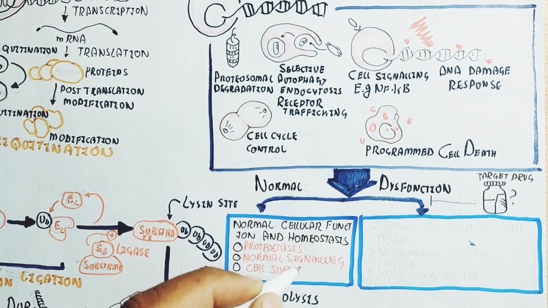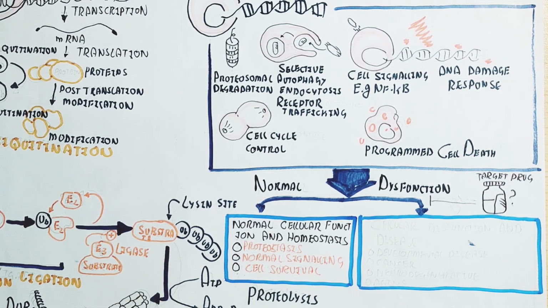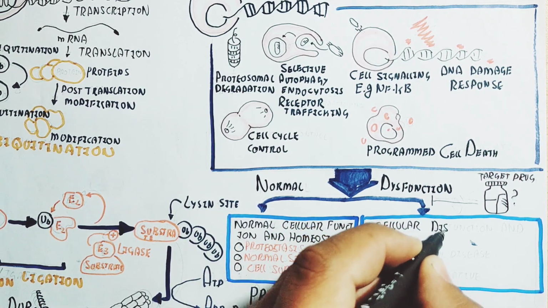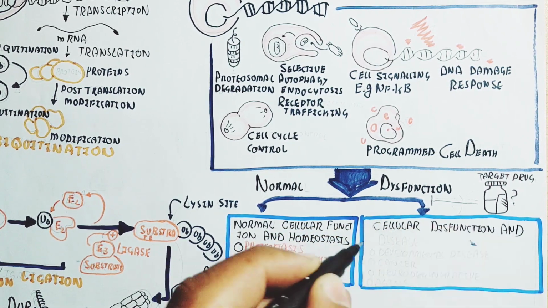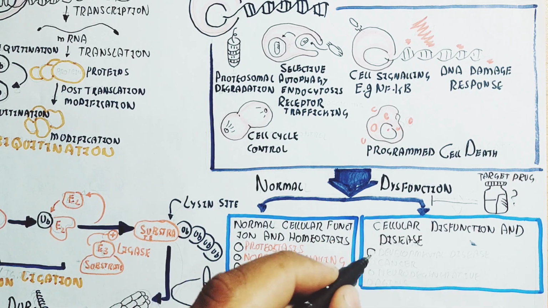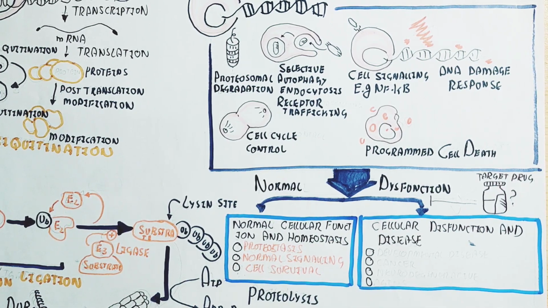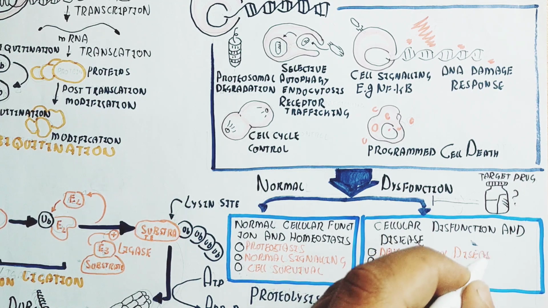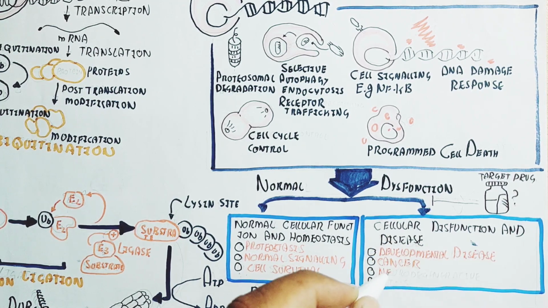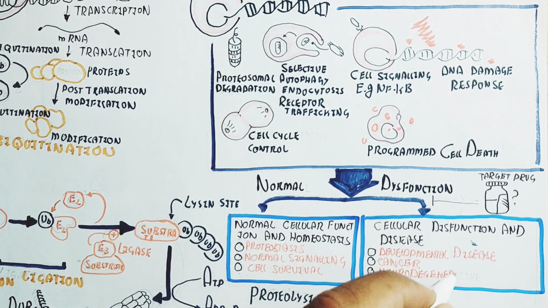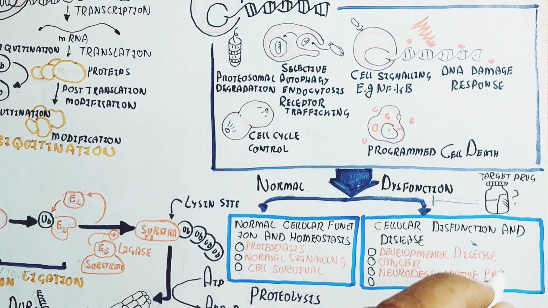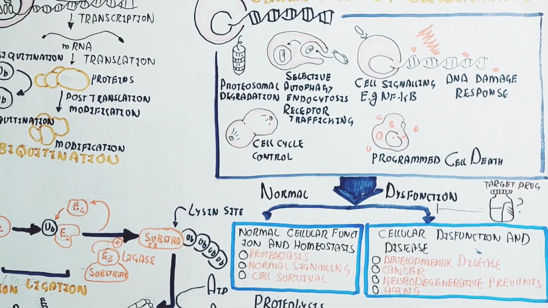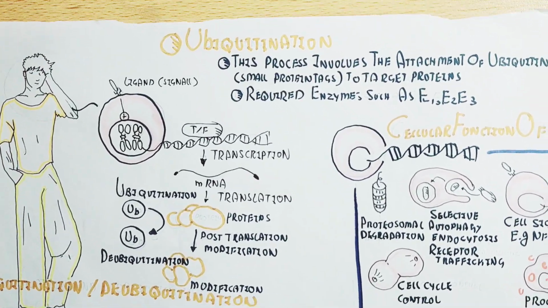The next one is cellular dysfunction and disease, such as cancer and developmental diseases, which will progress. So targeted drugs are important for dysfunction prevention through the use of ubiquitin, and neurodegenerative protein disease prevention and aging prevention can occur due to this.